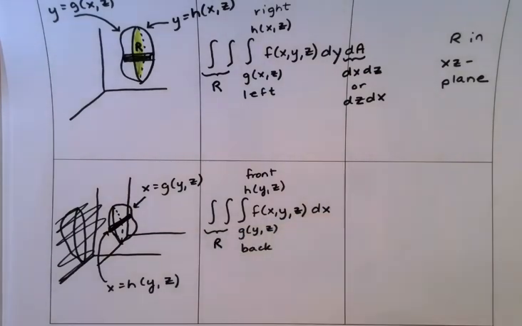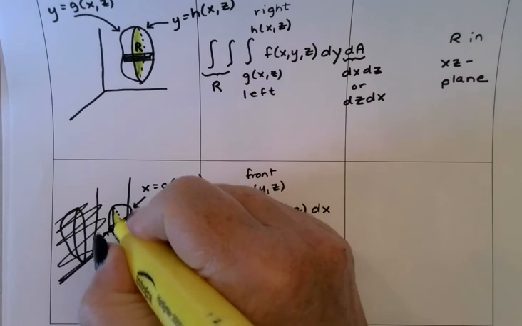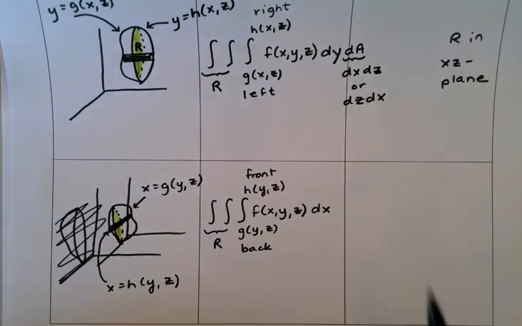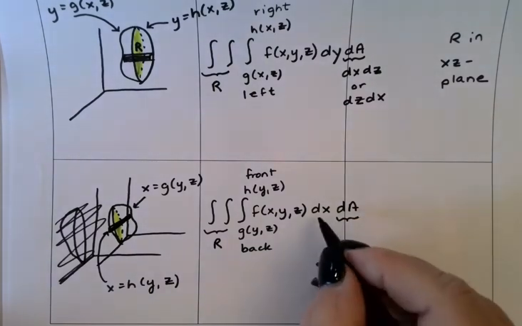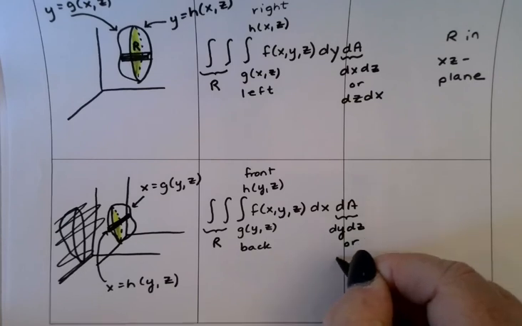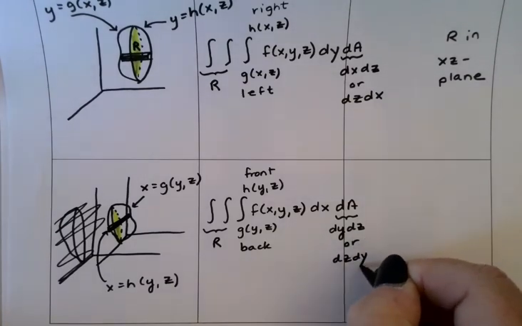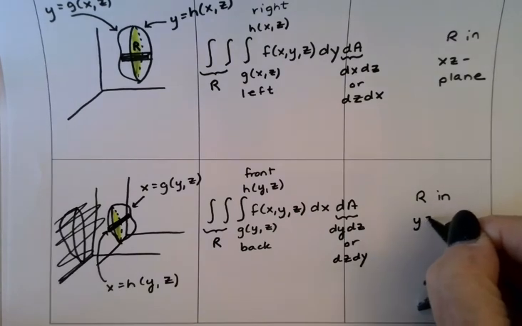The region R this time, this intersection, is going to define the dA part. And since I've already done dx, this will either be dy dz or dz dy. In other words, R is in the yz plane.